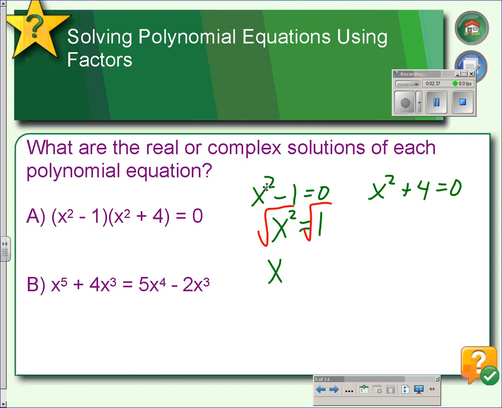And remember, when you take a square root, you get two answers, so we have positive and negative 1. And then on our second example, when we subtract 4, we get a negative 4. Taking the square root on each side, we get x equals plus or minus 2i. So we get some imaginary solutions and some real solutions.